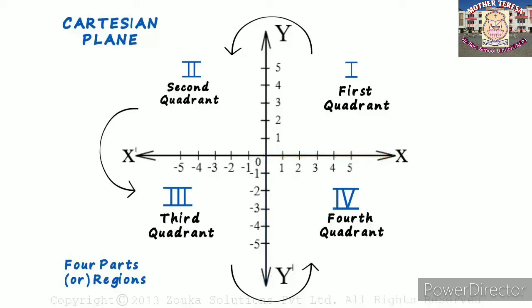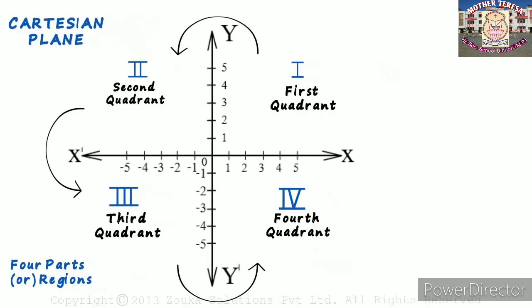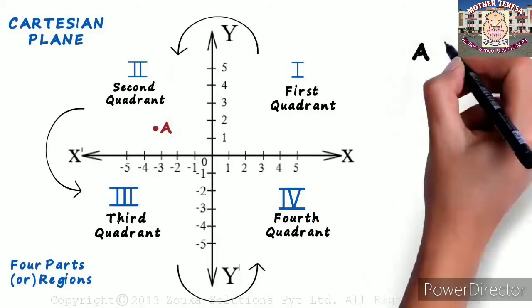Does that mean that every point on the plane will lie in any one of the quadrants? Let's mark a few points on the plane and see which quadrants they lie in. Let's assume I mark point A here. This point lies in the second quadrant. So we write A, 2 here.